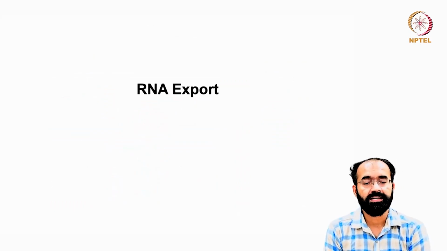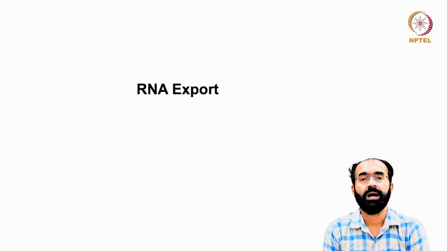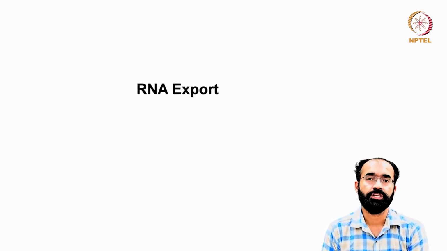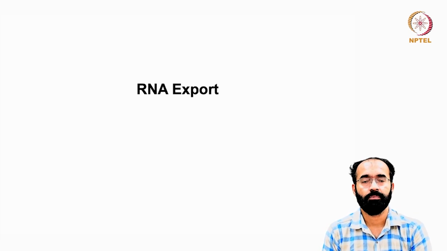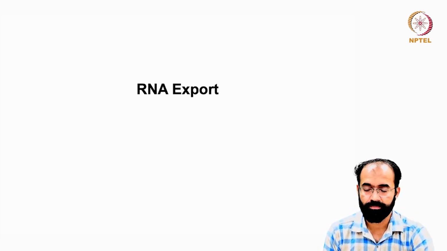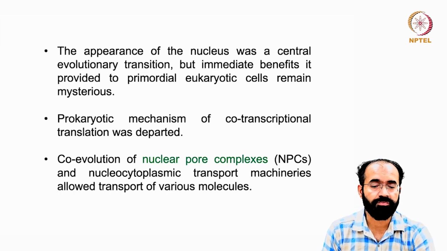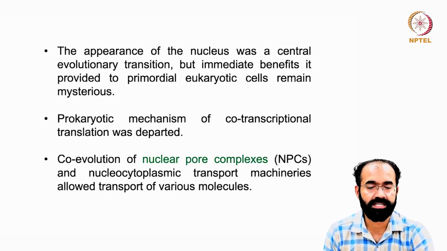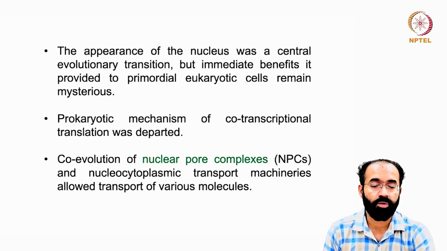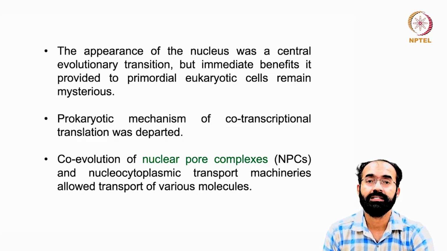Now we will understand RNA export. We know RNA is produced in the nucleus and needs to be mobilized into the cytoplasm, sometimes for maturation, sometimes for its functioning. The appearance of the nucleus was a central evolutionary transition, but the immediate benefits it provided to the primordial eukaryotic cells remain quite mysterious to this day. The prokaryotic mechanism of co-transcriptional translation was departed from.